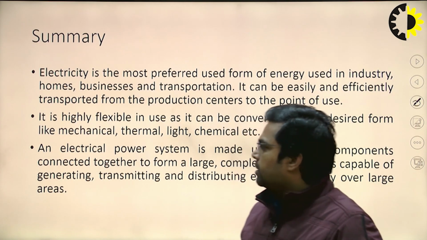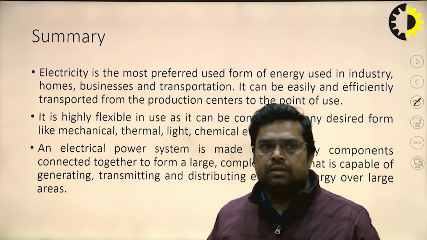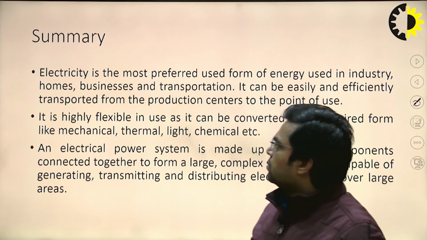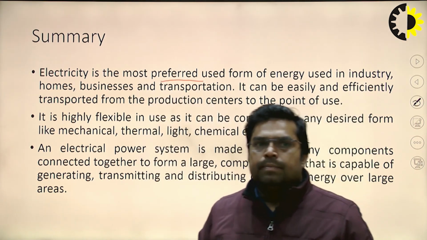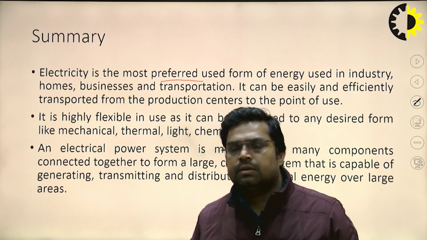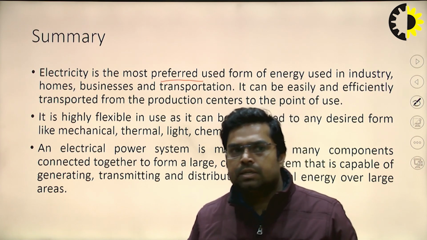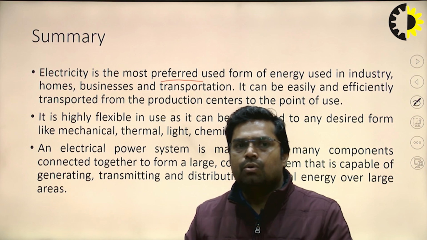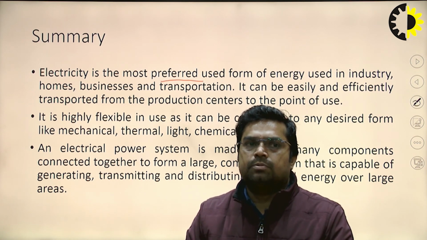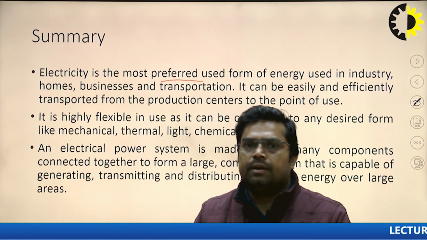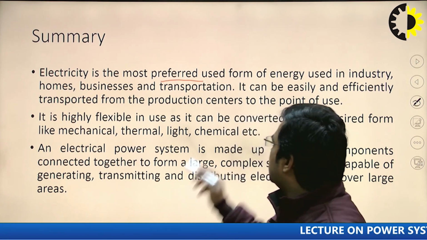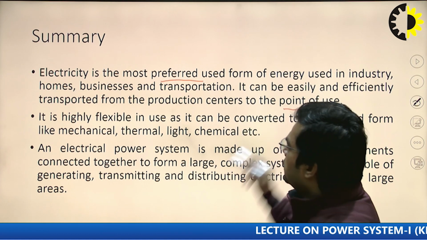Now come to the summary of this lecture. Electricity is the most preferred form of energy in industries, homes, businesses and transportation systems, and it can be easily and efficiently transported from the production center to the point of use.